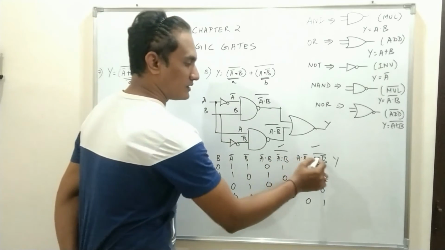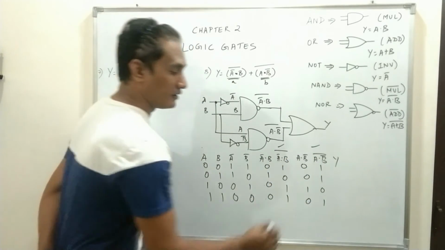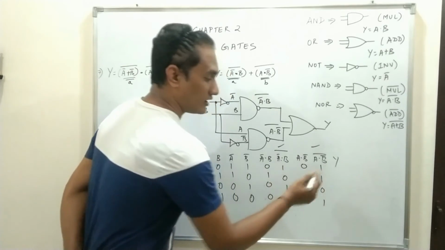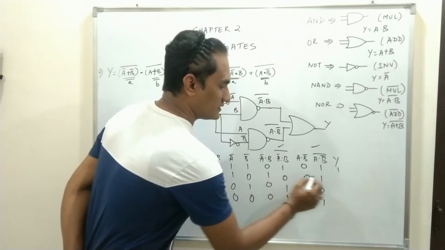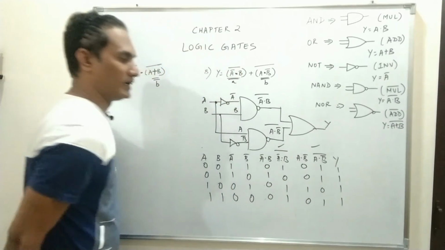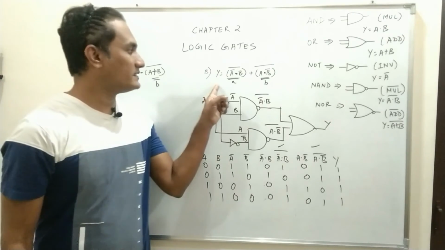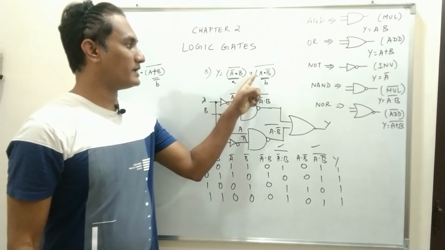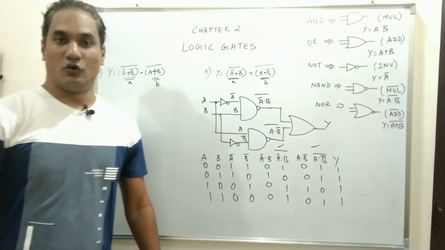So these two expressions will be connected by OR gate, OR operation, and OR operation amounts to addition. If any one of the inputs is 1, the output will be 1. So 1 and 1 is 1, 0 and 1 is 1, 1 and 0 is 1, 1 and 1 is 1. So output Y is 1 1 1 1 for Y is equal to (A bar dot B) whole bar plus (A dot B bar) whole bar.